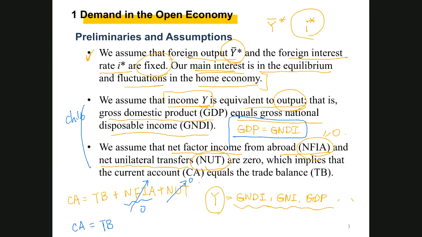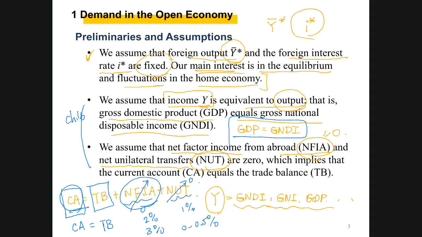For example, net foreign income from abroad may be just 2% or 3% of the current account, or even smaller, like 1 or 0 point something percent. So we could ignore it. We just treat the trade balance as the representation of the current account.